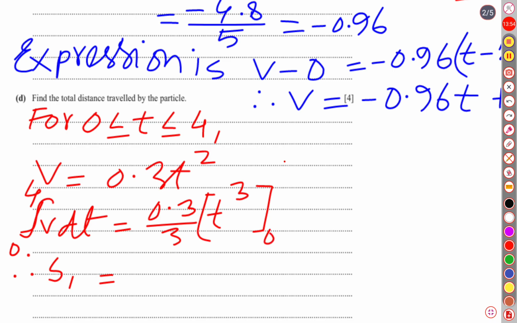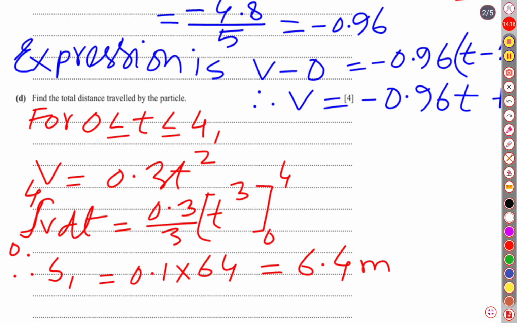If we divide 0.3 by 3, it is going to be 0.1 into t cube, meaning 4 cube. 4 cube is actually 64, and 0 means 0. So it is going to be 6.4 meters for the first phase.